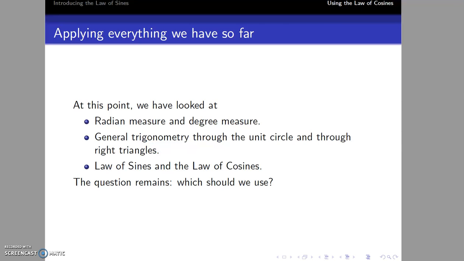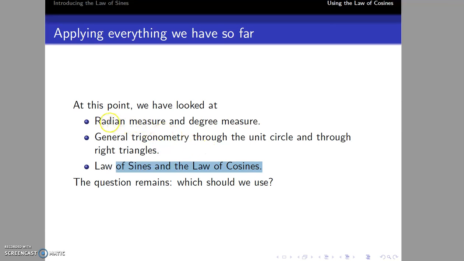They don't quite do the exact same thing, right? They handle different situations in turn, but they are going about doing the same goal, which is solving for dimensions of triangles. And so whenever you have the option to do one or the other, if you had a case where you could use either the law of sines or the law of cosines, the question often arises, which am I supposed to use?